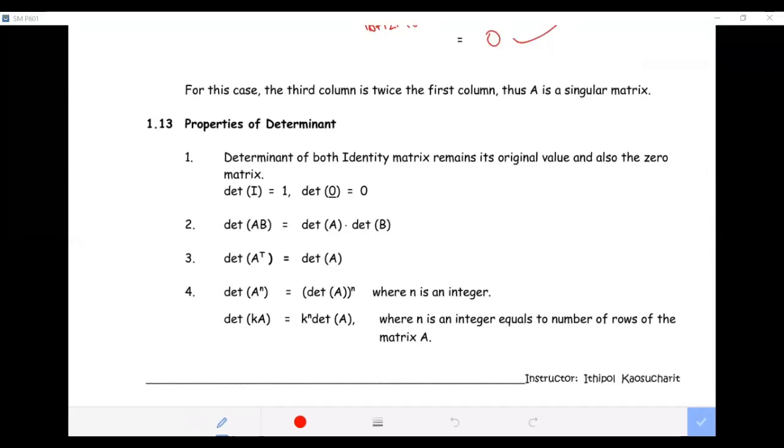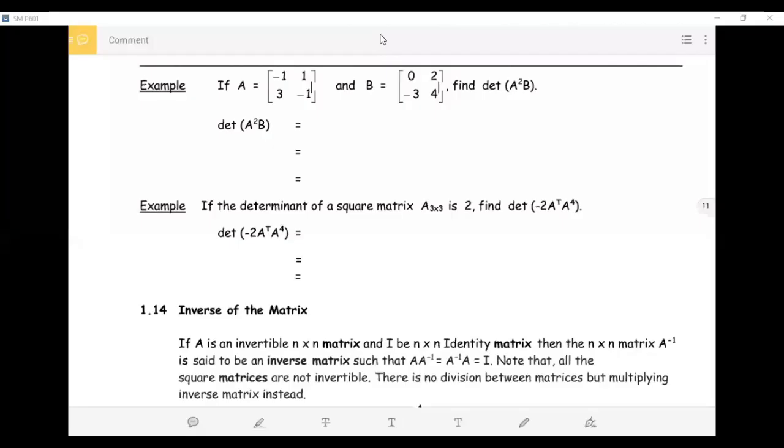I will just go to the next page and do the exercise, and then I will show you how to use the properties of determinants.